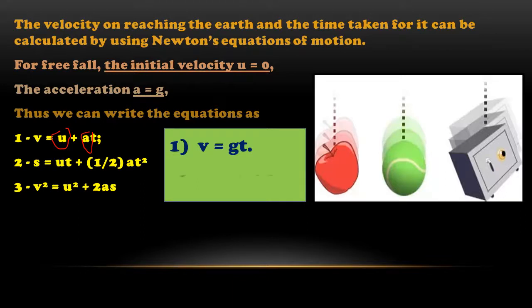The second equation becomes s = half gt square, because u is 0, so u multiplied by t will be 0. And the third equation becomes v square = 2gs. This is how the three equations of motion change for free fall.